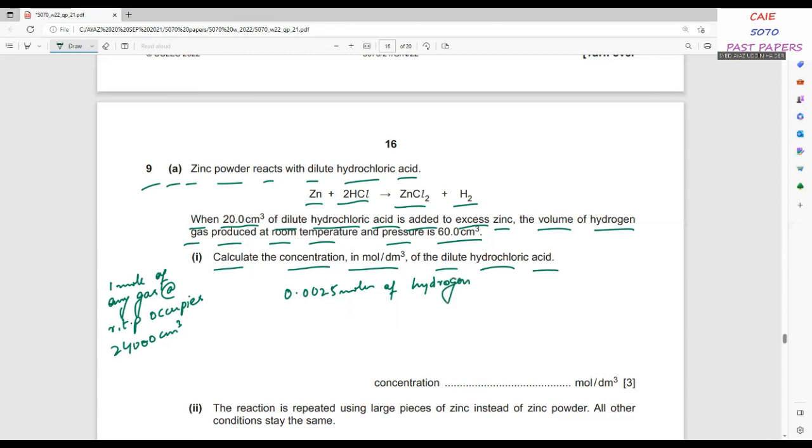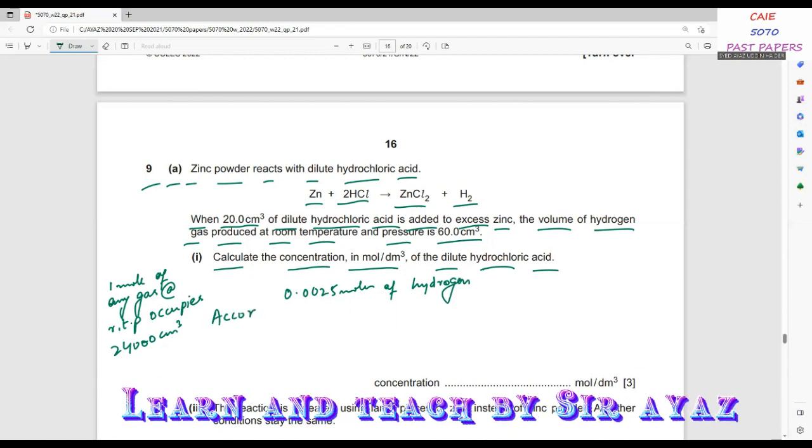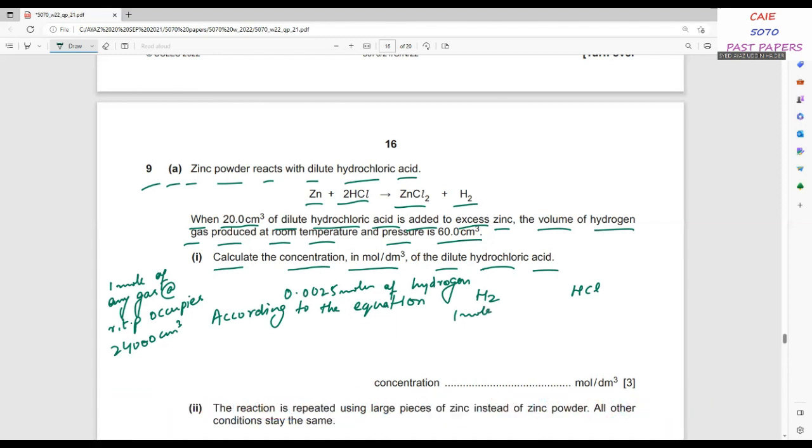Looking at the equation, 1 mole of H2 is produced by 2 moles of HCl. So 0.0025 moles produces X moles.